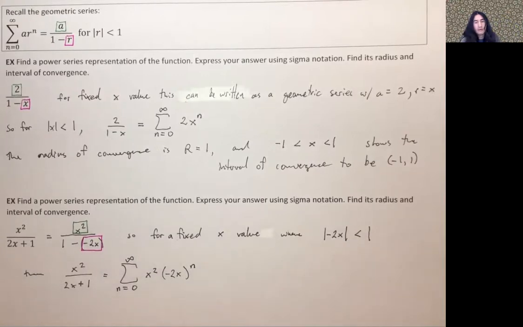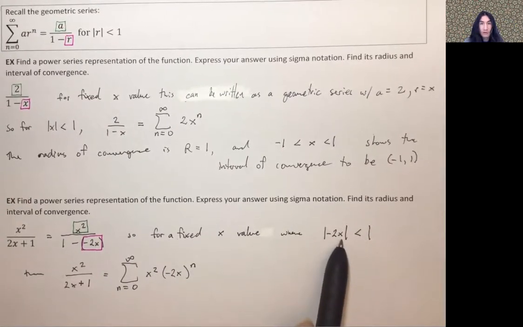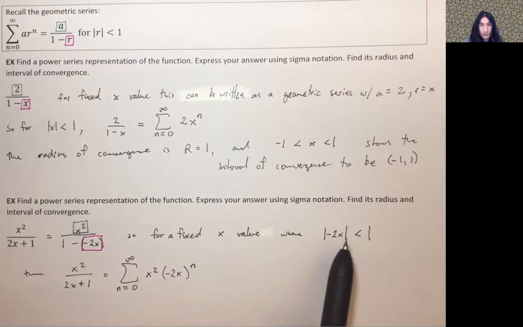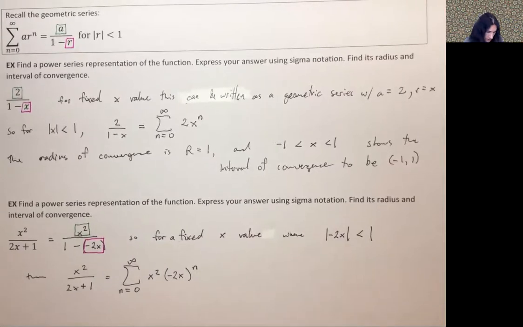Okay, so this is basically the whole problem right there. The only thing that's left is to maybe simplify this guy and use this to find the radius and interval of convergence. Okay, that's really all there is to it.